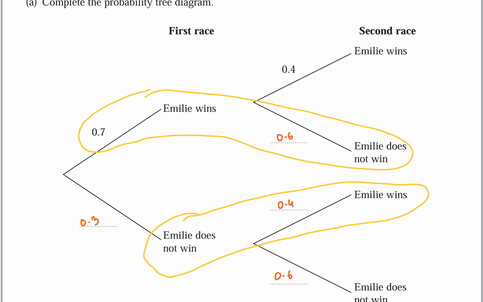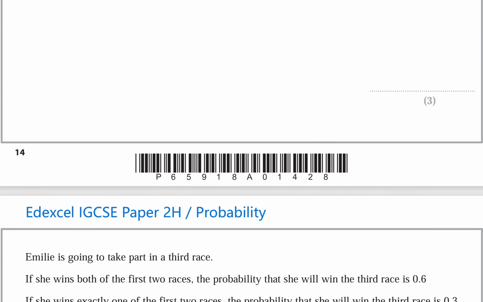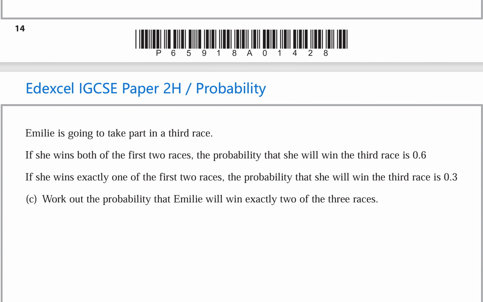the other bit, which is the part C, and that is telling us that Emily is taking part in a third race, and if she wins both of the first 2 races, the probability that she will win the third race is 0.6. And if she wins exactly one of the first 2 races, the probability she will win the third race is 0.3.